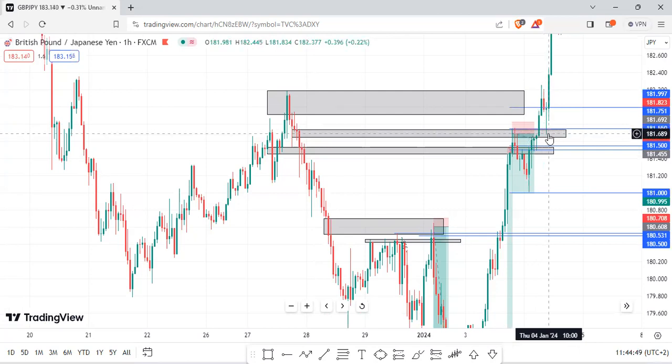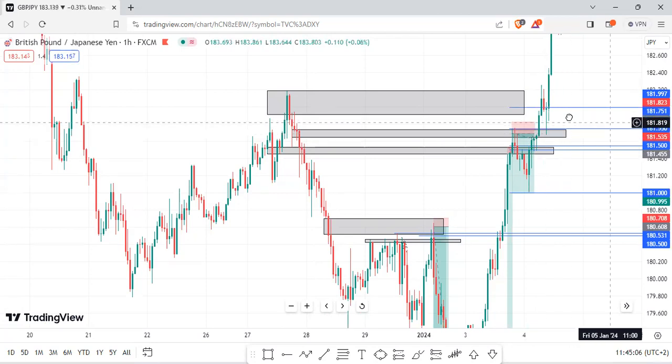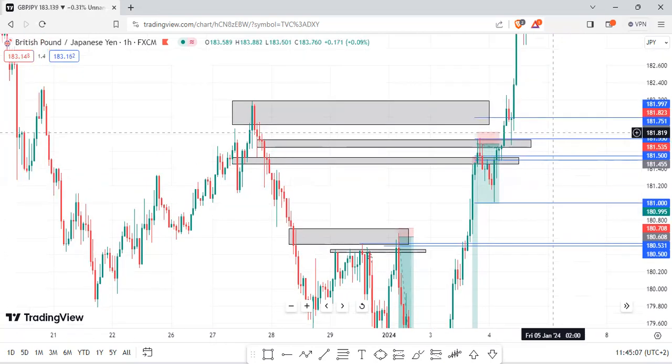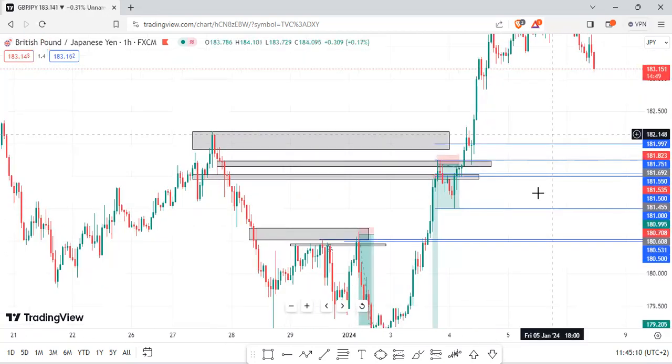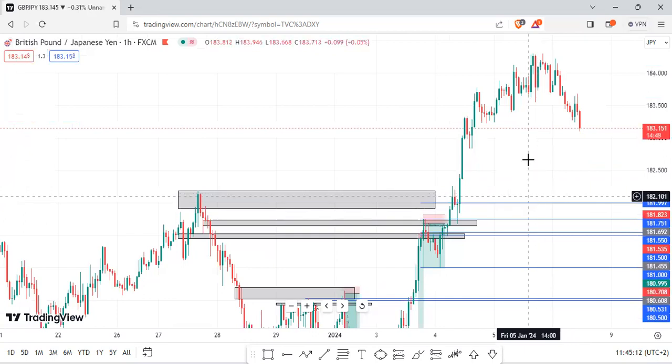What retail traders call support and resistance, break of resistance and into support, I call a break and a retest from above. It's the same concept, just different words.